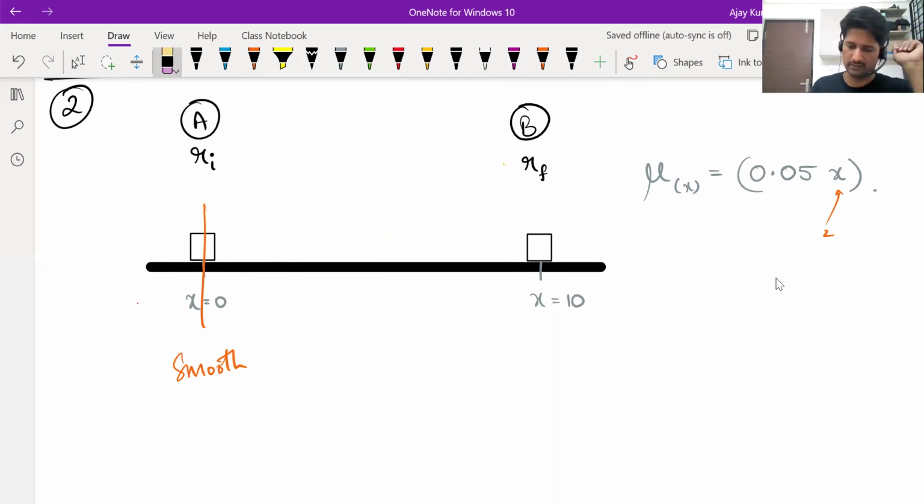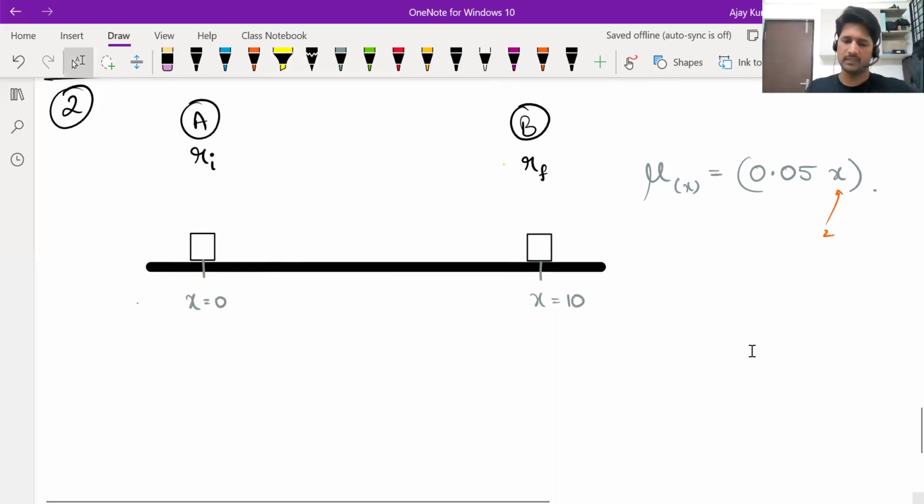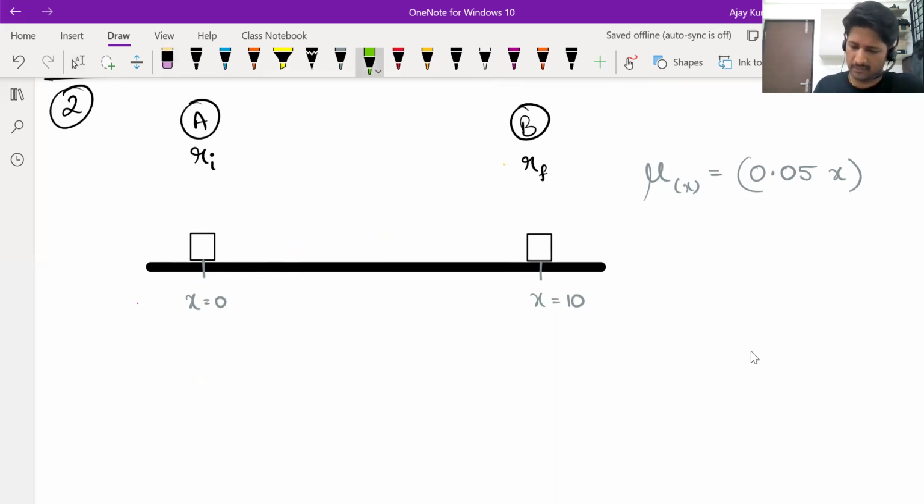Calculate work done by friction as it is dragged from x equal to 0 to x equal to 10. And we are dragging it by applying a horizontal force. So vertically, there's no disturbance. We are not disturbing the normal force and all.